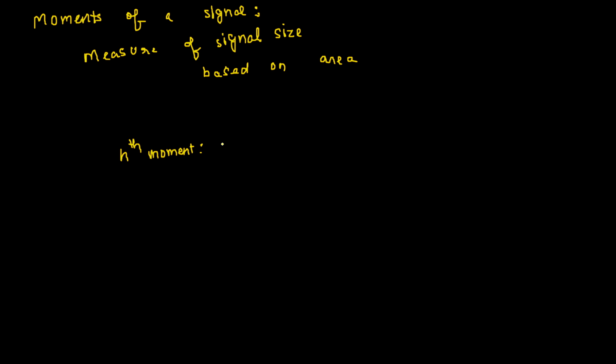The nth moment is given by mn is equal to integration from minus infinity to infinity t to the power n x of t dt. Alright, so depending on what moment you are taking, you get a different signal size.